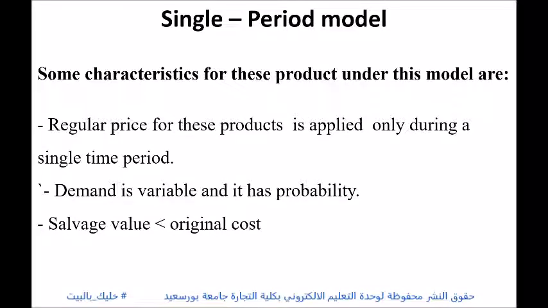At this point, I would like to remind you, when we talk about EOQ, POQ, fixed time or fixed period models, we mention that demand is fixed and is known. Last point, salvage value of these products is less than their original cost, so you lose money when they are sold for their salvage value.